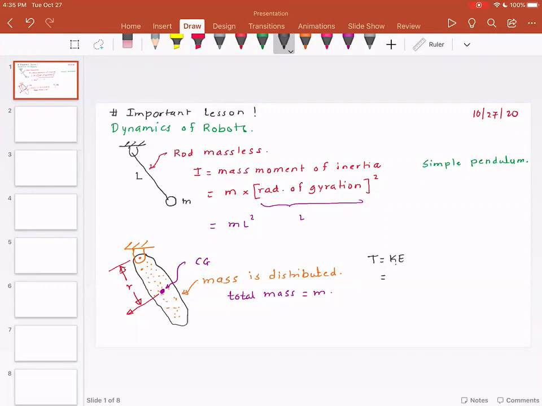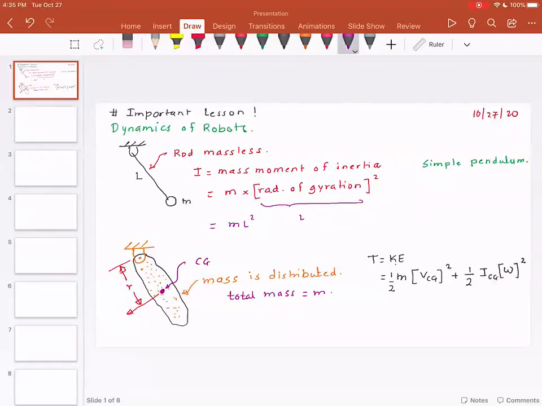Now what I want to give you here is a generalized expression for kinetic energy: 1/2 mass multiplied by velocity at CG squared, plus 1/2 I, which is the mass moment of inertia at CG, multiplied by angular velocity squared.